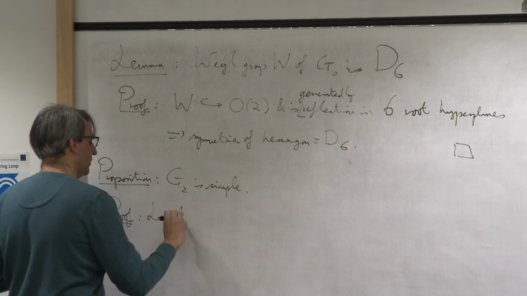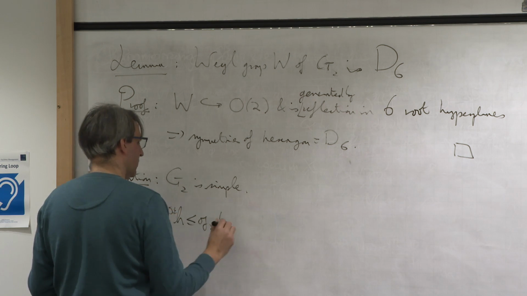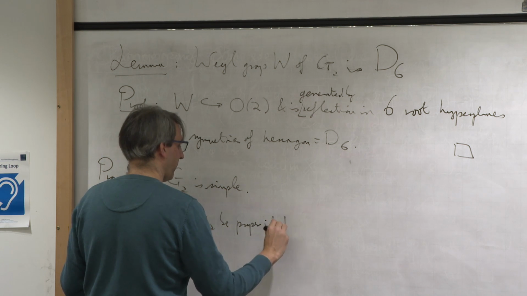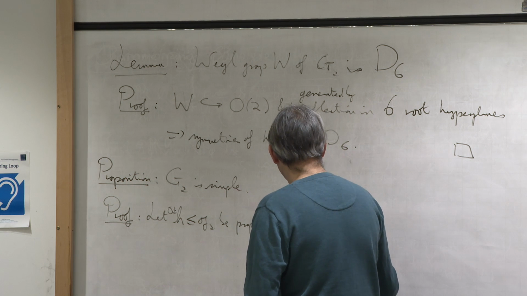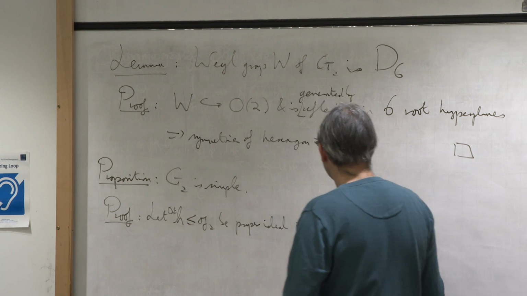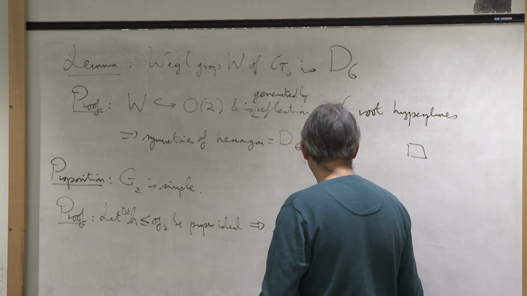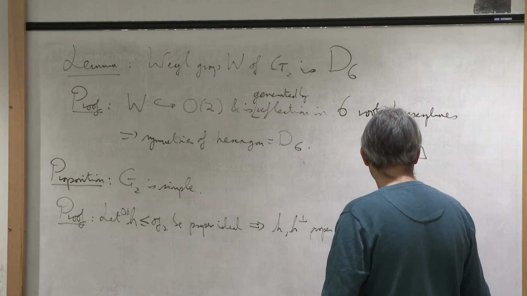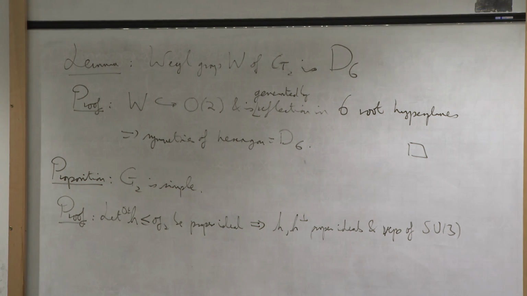Let H contained in G2 be a proper ideal, but then H and H perp are going to be proper ideals and reps of SU3, because SU3 is contained in G2, so there'll be representations of the smaller group SU3.